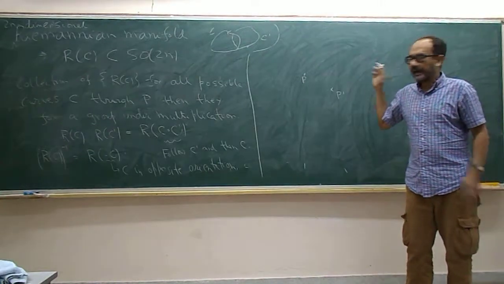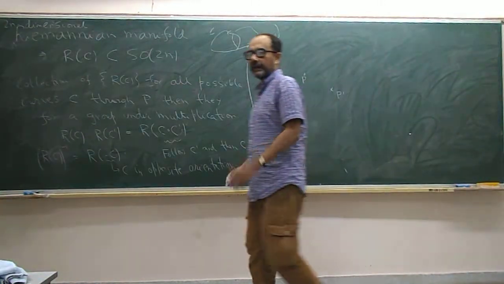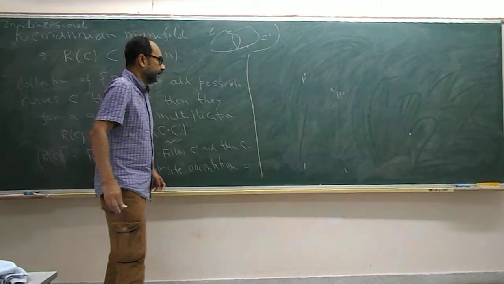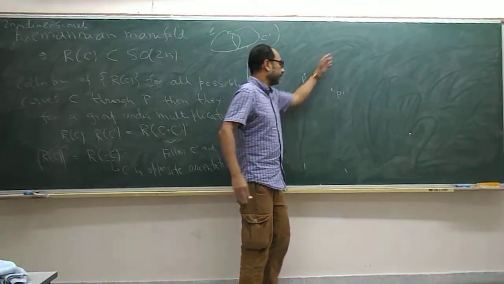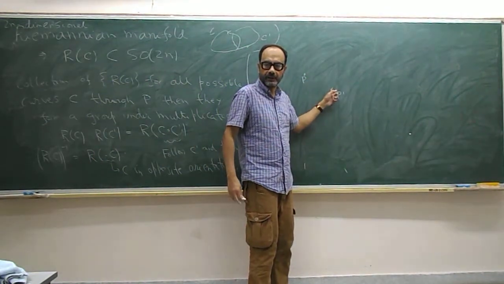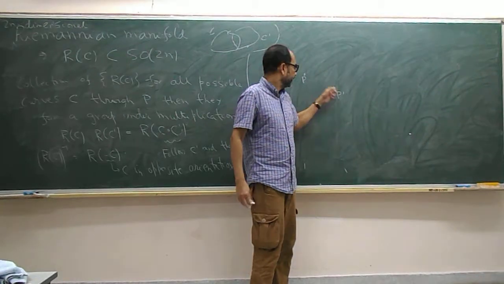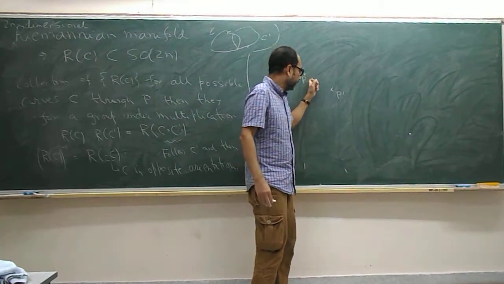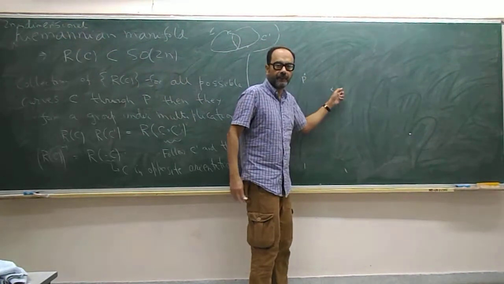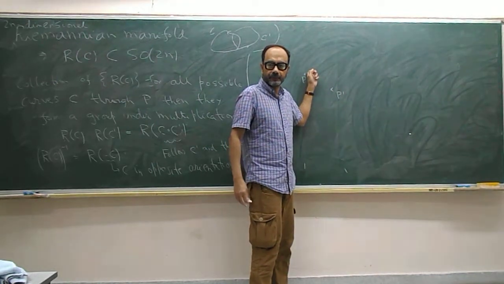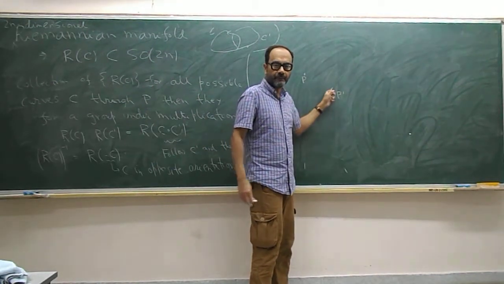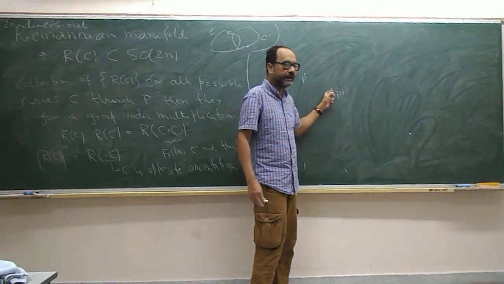I will not go into the details, but you can try to prove it. The general strategy is that given a path through P prime, you can associate with it a path through P by simply going from P to P prime, going around that path and coming back. So given any path through P prime, you can find a corresponding path through P and vice versa.